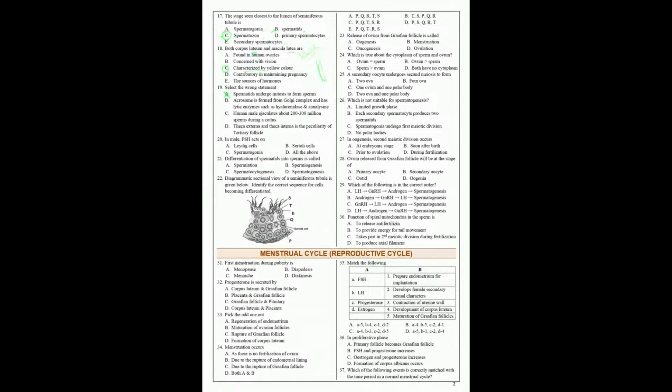Human male ejaculates about 200 to 300 million sperms during coitus. It should be like 100 to 600, but this is fine. According to NCERT, this is correct. Theca externa, theca interna, antrum, a characteristic of tertiary follicle, is also correct. So the incorrect answer is your first one: spermatids undergo mitosis to form sperms.